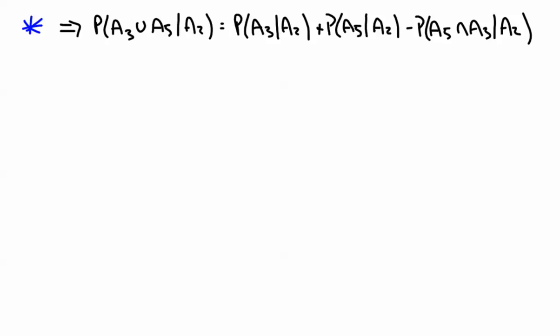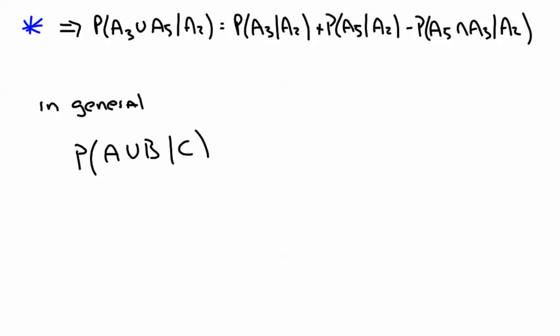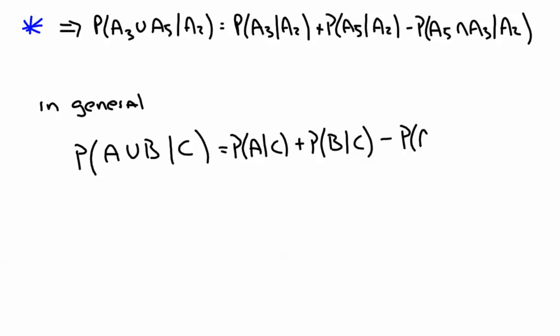In general, then, I can write this. Probability of A union B if C equals probability of A if C plus the probability of B if C minus probability of A intersect B if C. That's a general relationship.